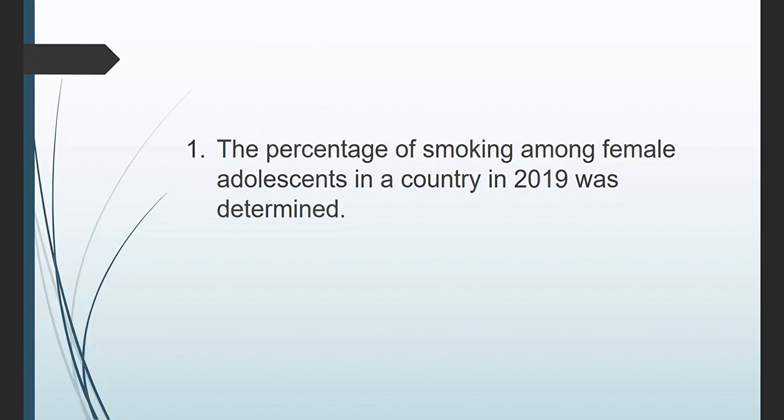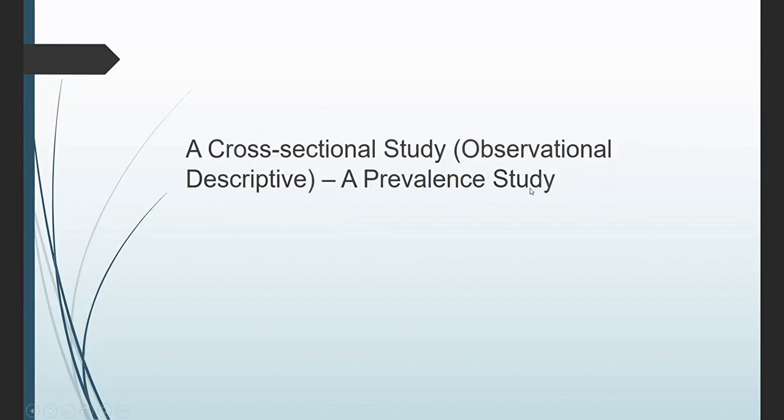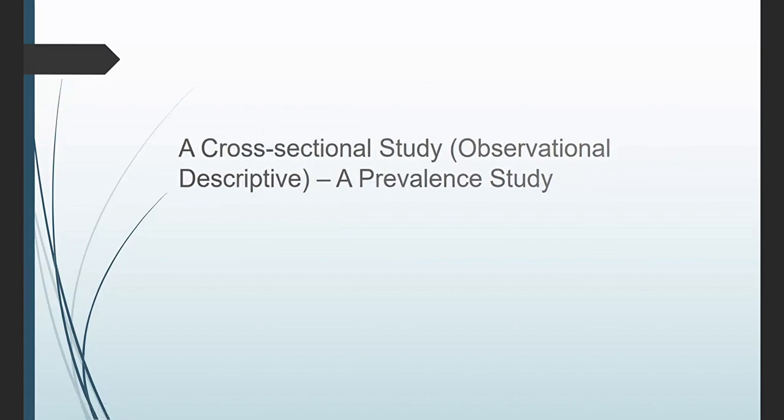Cross-sectional. So what type of cross-sectional is this? Point prevalence, right? Because it is at 2019. So this is just a descriptive cross-sectional study. You are looking at the prevalence.